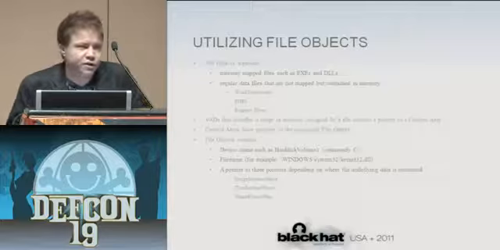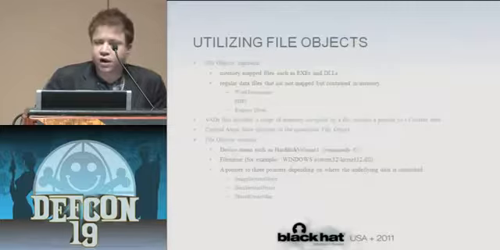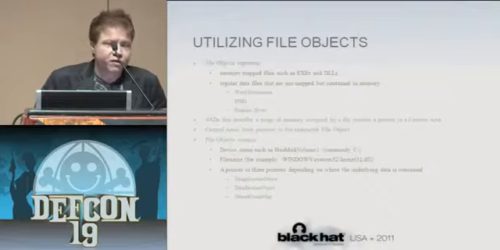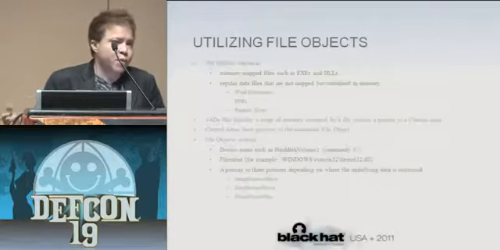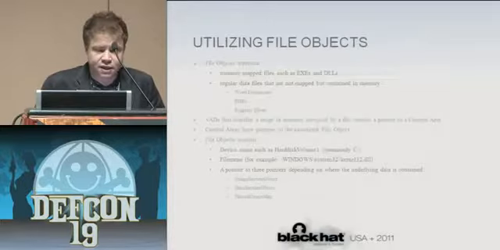So let's talk about ways to make this process better. We're going to utilize file objects. And file objects can represent a number of different things. They can be, for instance, memory mapped files that we kind of touched on, which would include DLLs and EXEs.